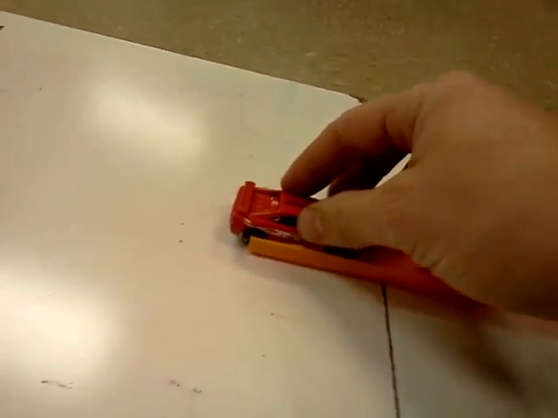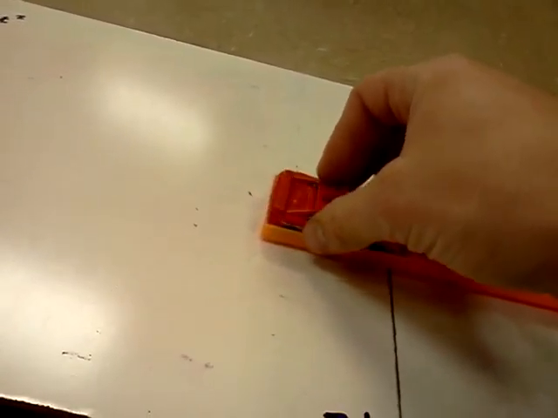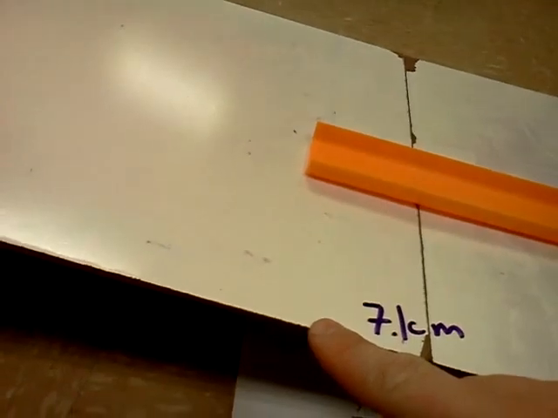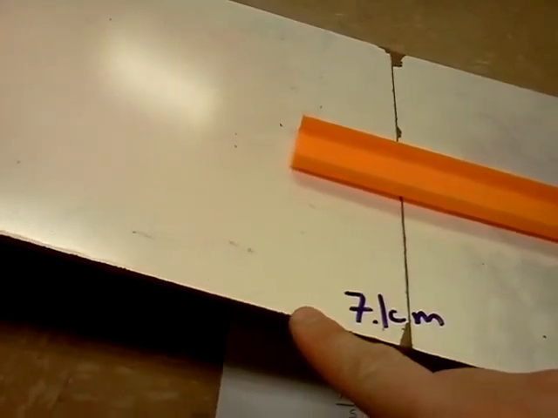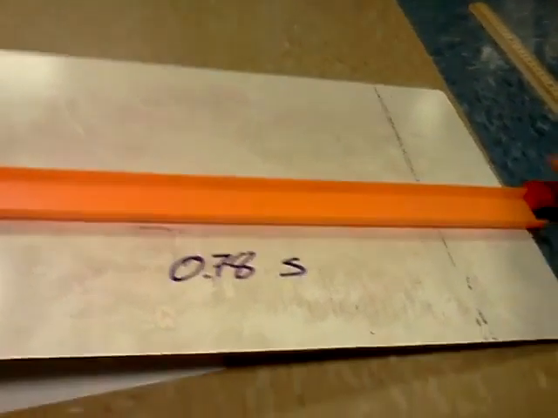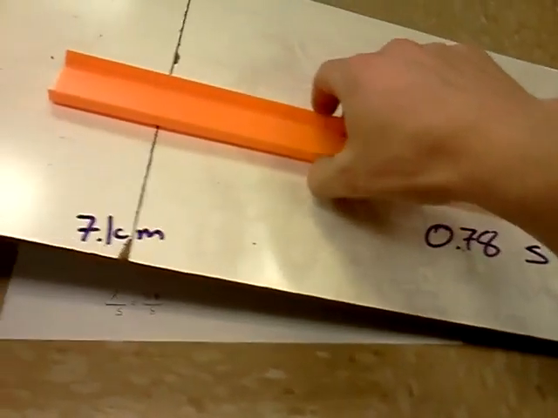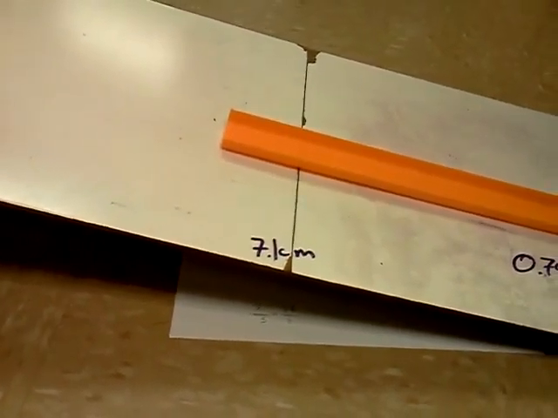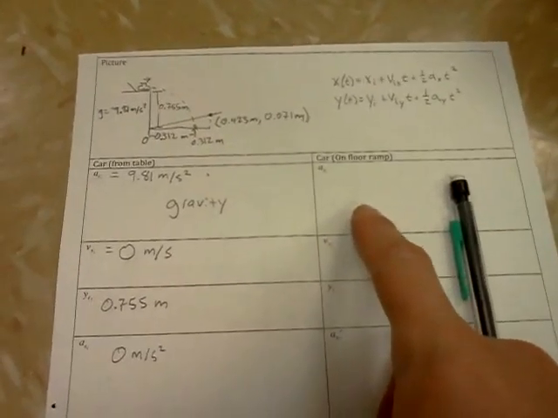To see that, you can take a car and release it from your ramp and drop a car from the top at the same height, and you'll see that they hit the ground at different times. You can see your physics teacher for a better explanation of that. So we're going to calculate our acceleration in the y direction in just a second.